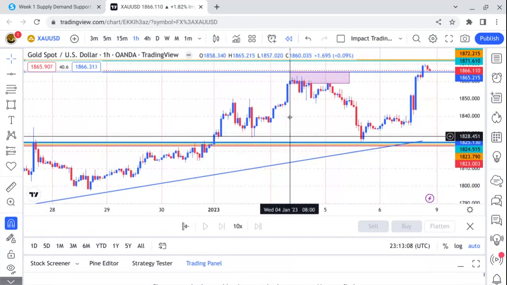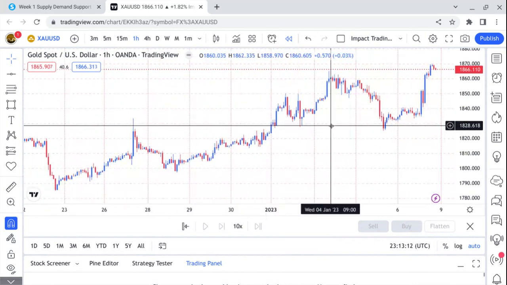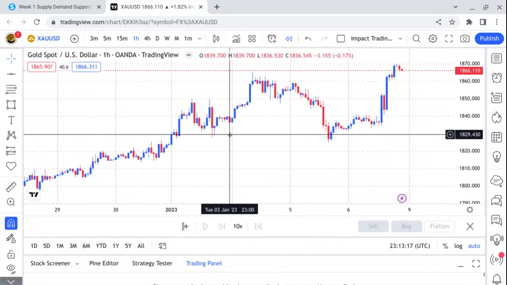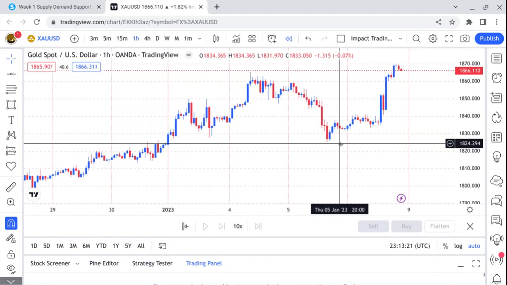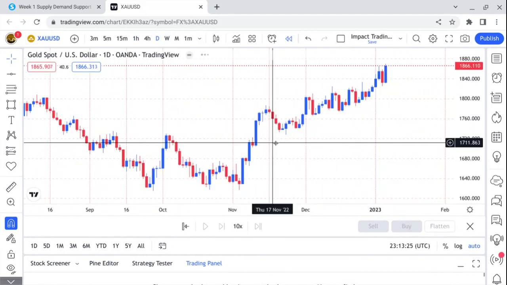Now remember, week 1, if you're trading a live trading account with great risk management using this method, we want you to place a live trade using this method to be profitable. We want you to be profitable in week 1.